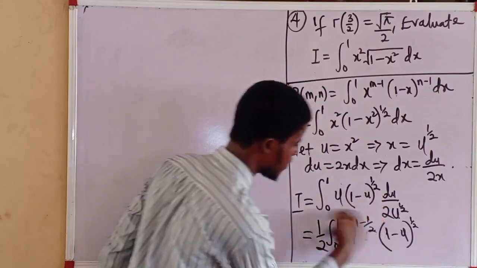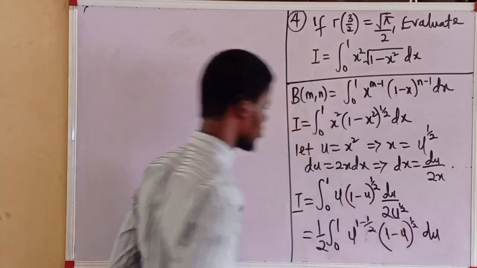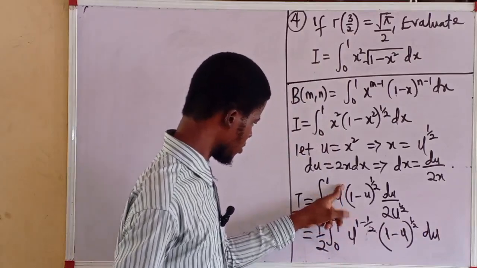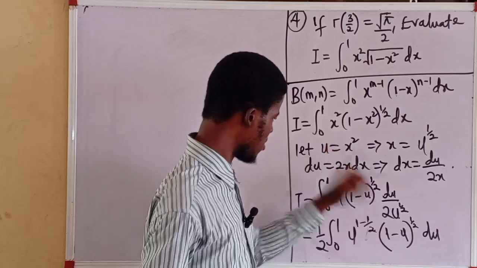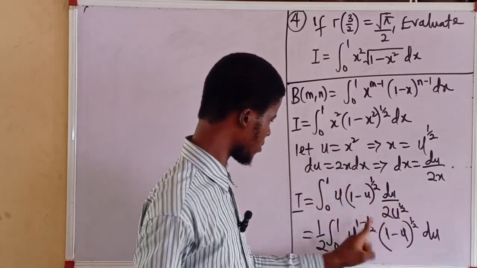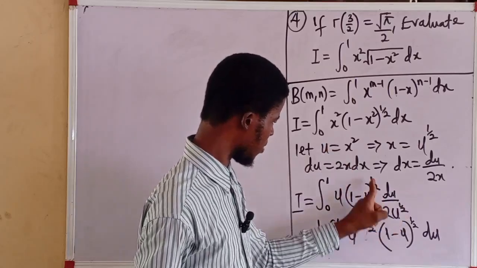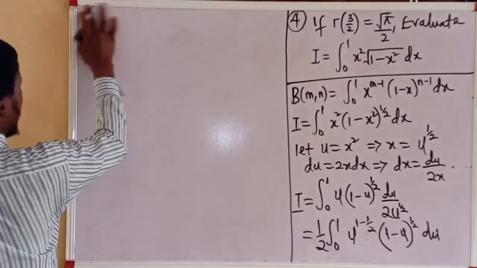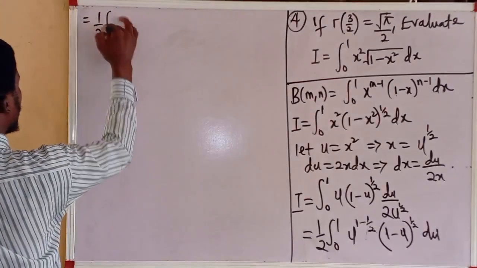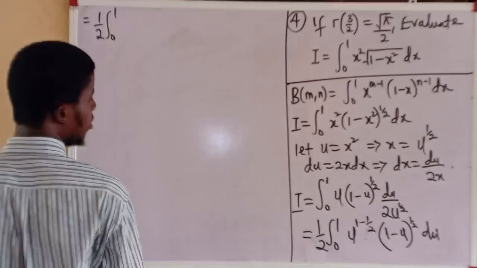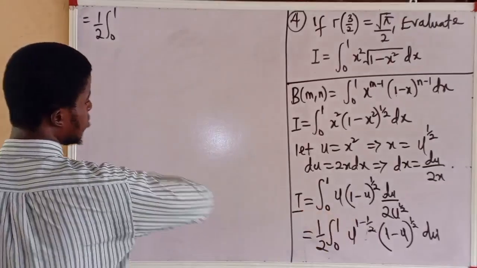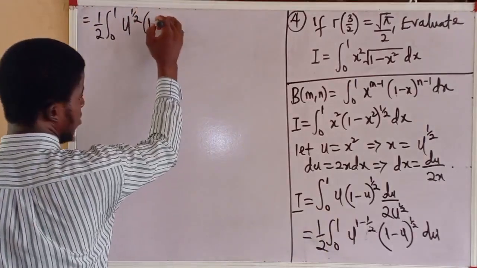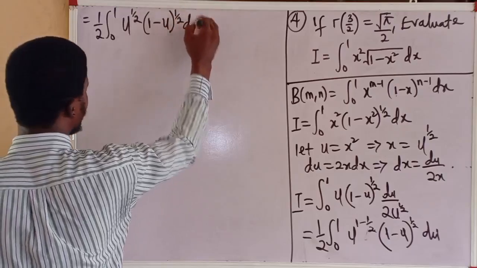Since they have the same base, we say 1 minus 1 over 2. So let's simplify. We have 1 over 2 times the integral from 0 to 1 of u to the power of half, 1 minus u to the power of half du.